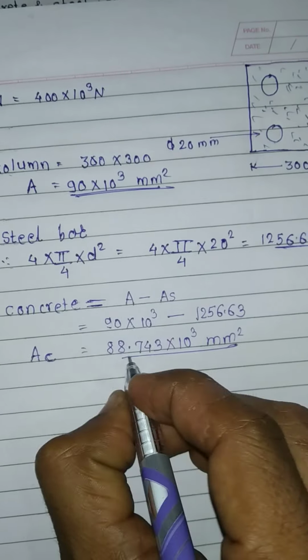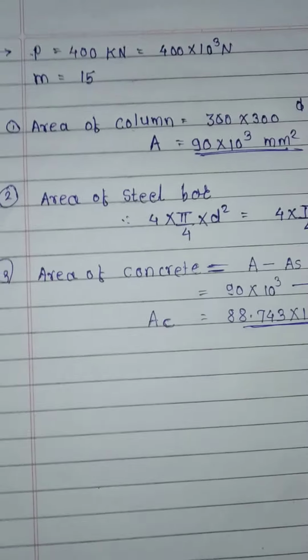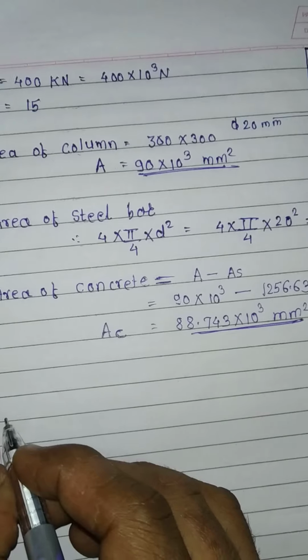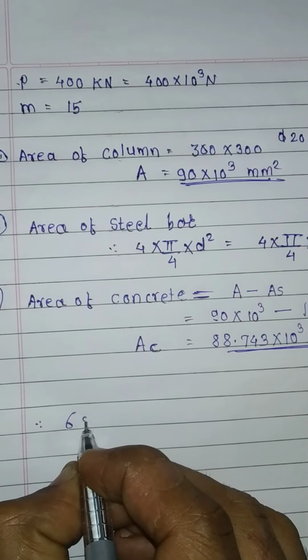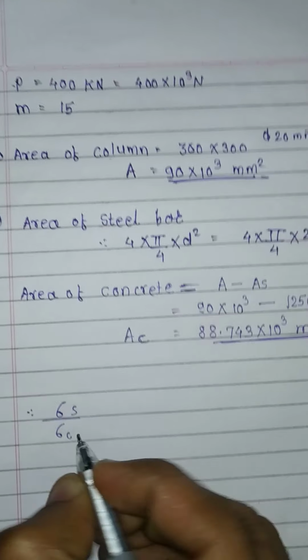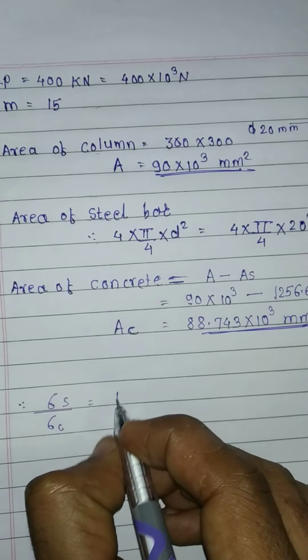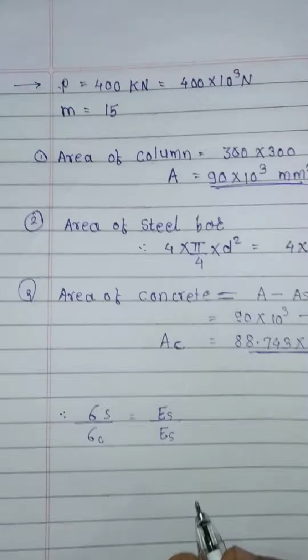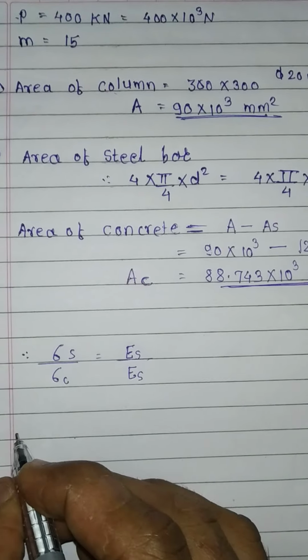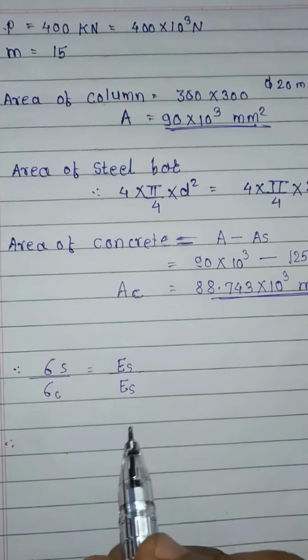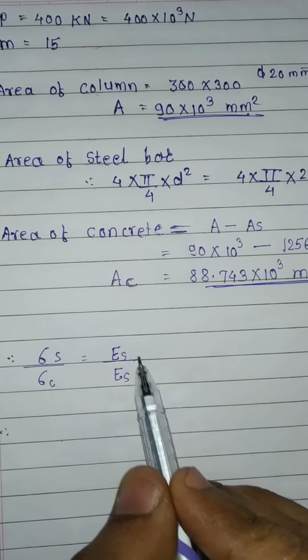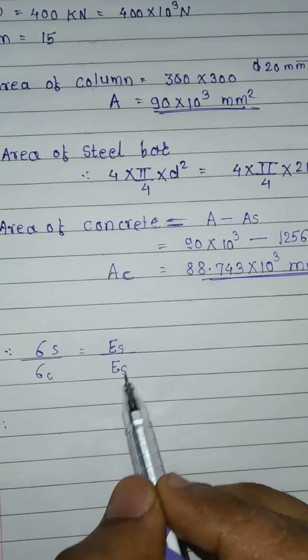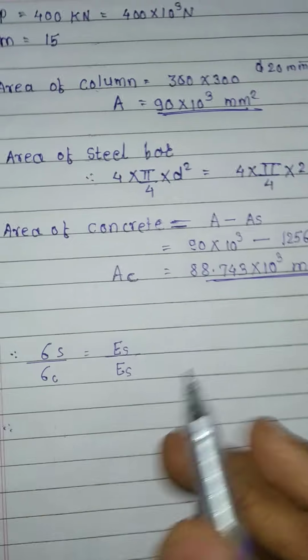After that we take the modular ratio. Therefore sigma s upon sigma c is equal to Es upon Ec. This is the standard formula of modular ratio. In some problems you are given the elasticities of two materials; the ratio of the two materials' elasticities is called the modular ratio.